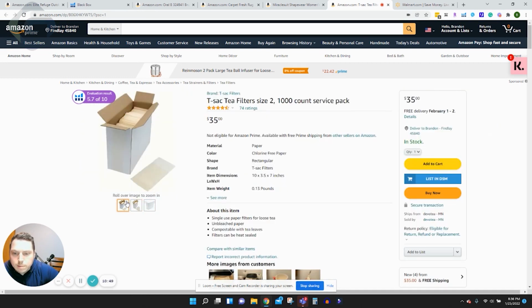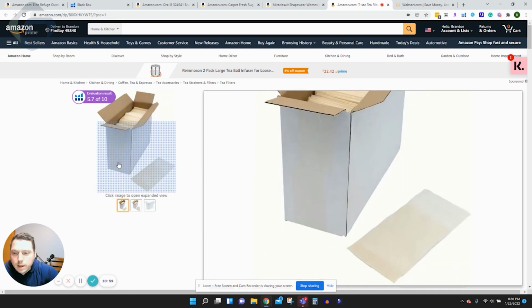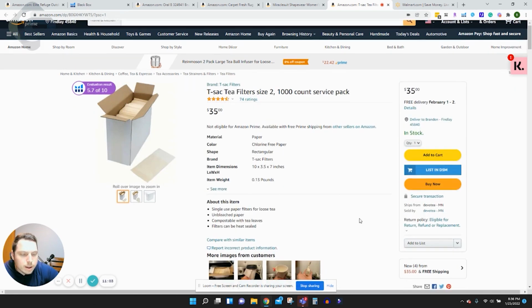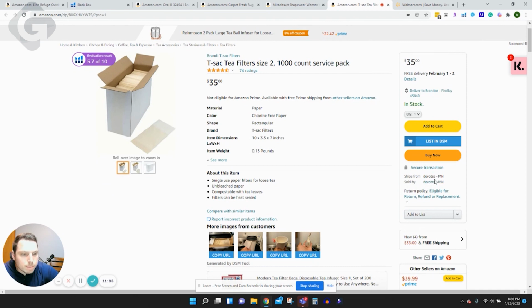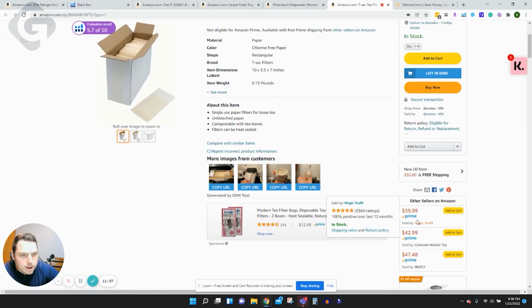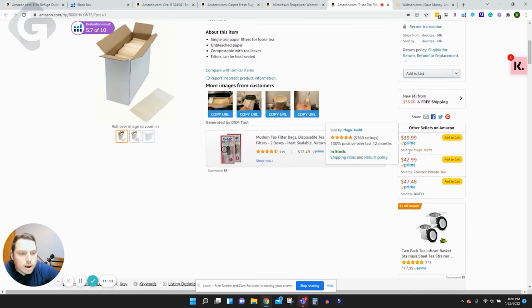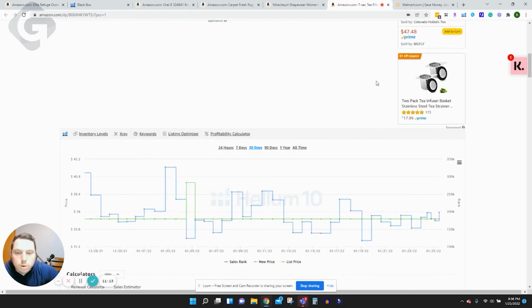One thing that pops out to me, paper in a box, it's going to be heavier. Possibly not, actually. If this was copy paper, it'd probably be heavier, but with the filters, maybe not. Currently the buy box is FBM, and he's selling for $35. Anyone Prime is $40 or more.